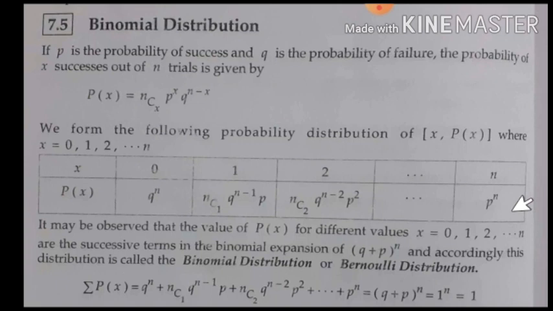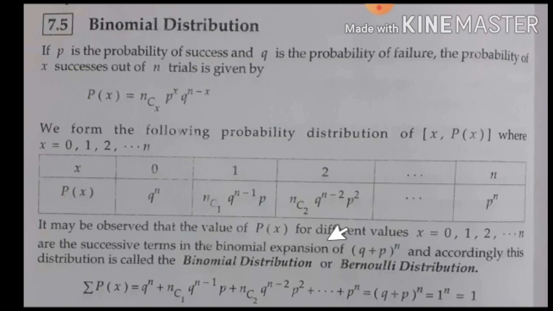Do the observation here. The probability function is nothing but successive terms of the binomial expansion. Which binomial expansion have you studied in PUC? (a plus b) whole to the power of n form. So here, instead of a plus b, what are the two terms of the binomial expansion? p and q.